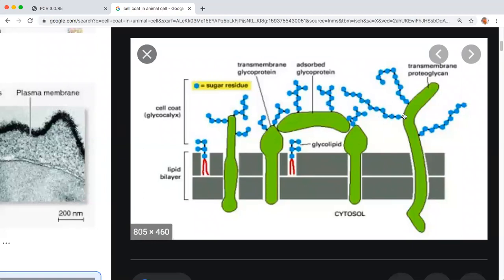So whatever you are seeing here as the blue structure is the antigen. Why human beings have different types of blood group, we'll study in the chapter body fluids and circulation.